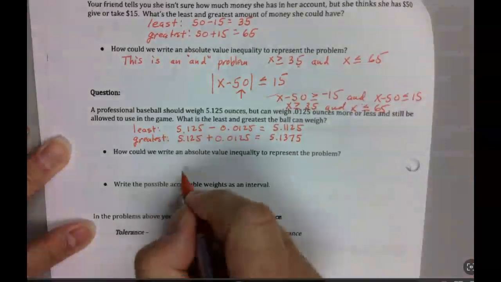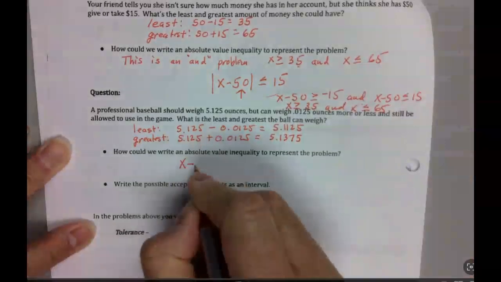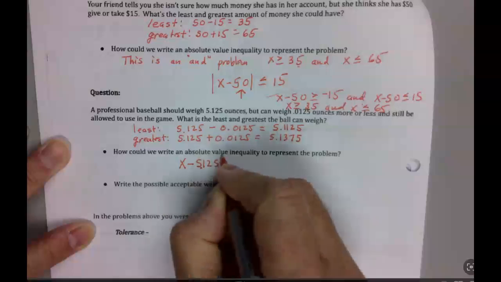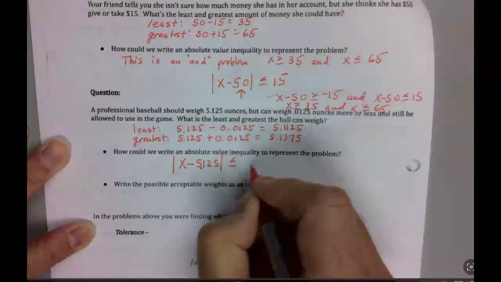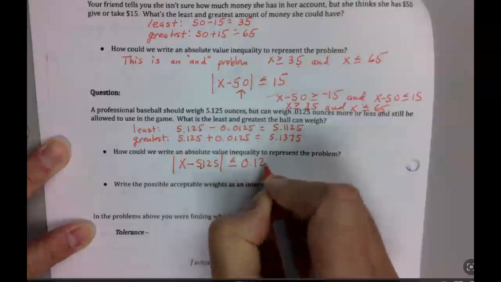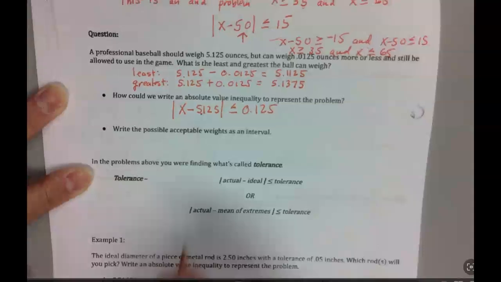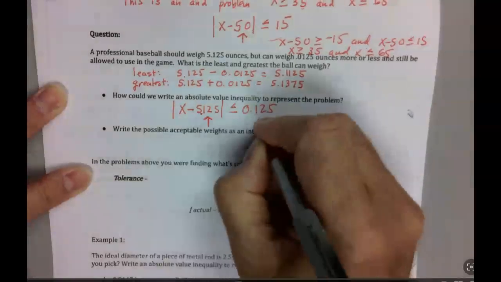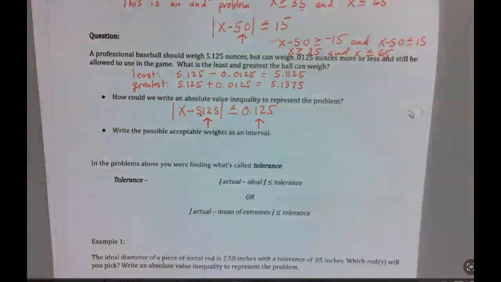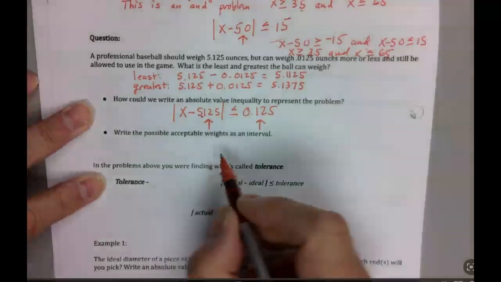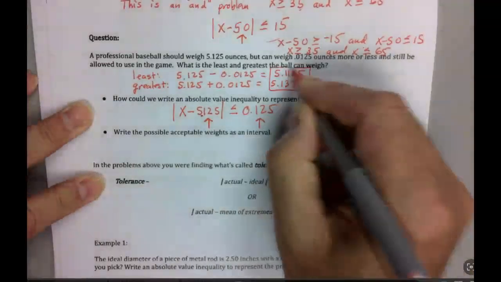My equation is the absolute value of x minus 5.125 is less than or equal to 0.125. This is what you hope it weighs, and this is your tolerance. Now, can we write our AND equation given these as our least amount?